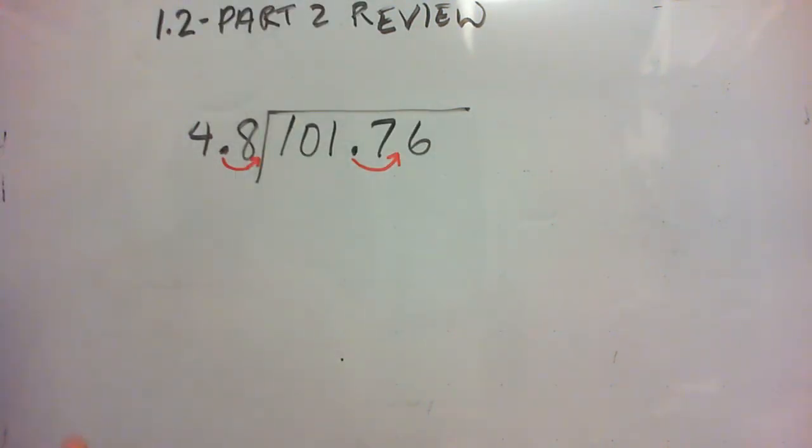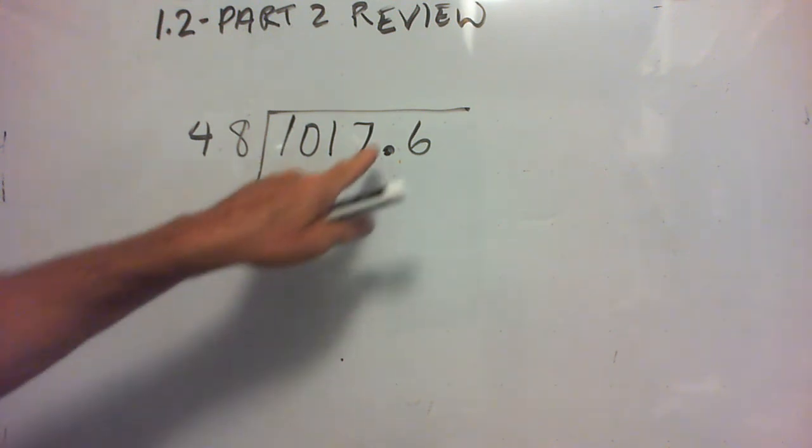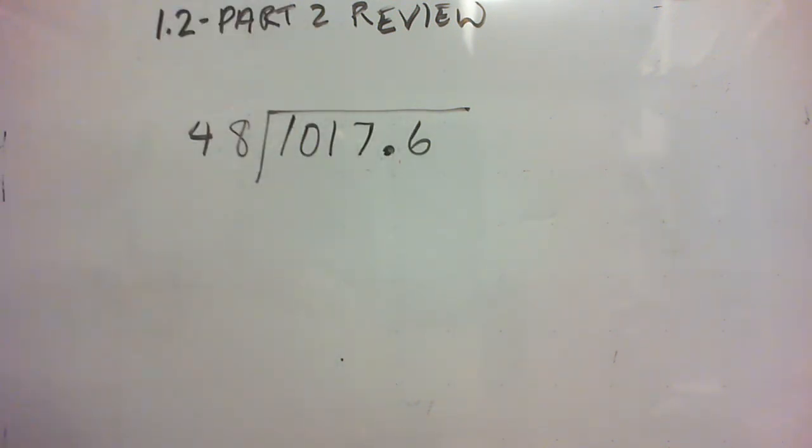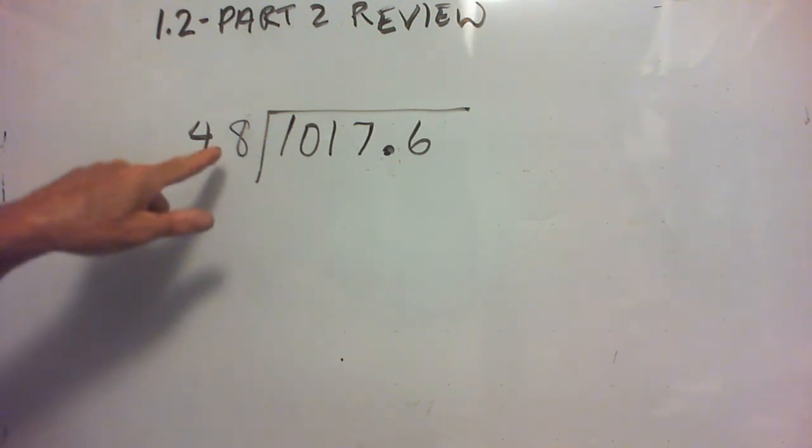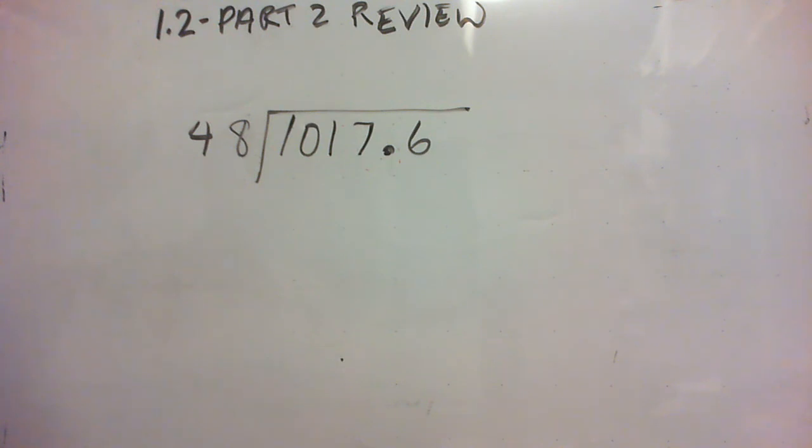So you change this problem into 1017.6 divided by 48. Once you do that, the decimal point will go straight up in your answer, and it becomes an easier problem to divide once you change that divisor into a whole number.